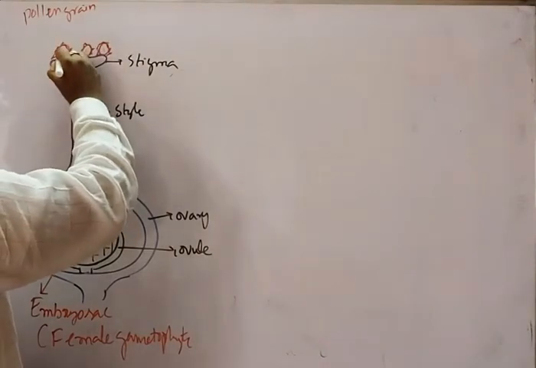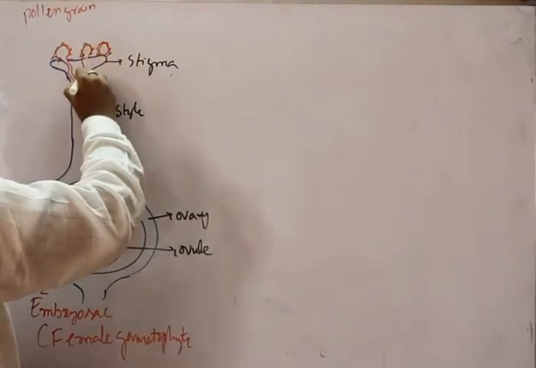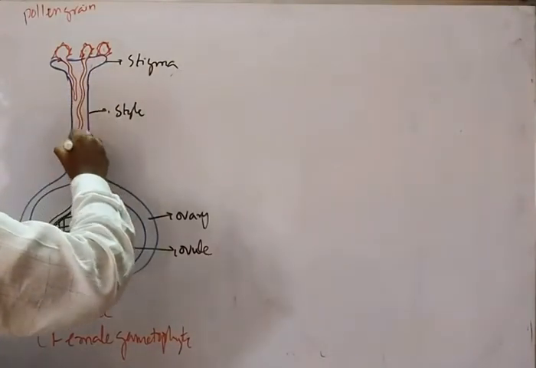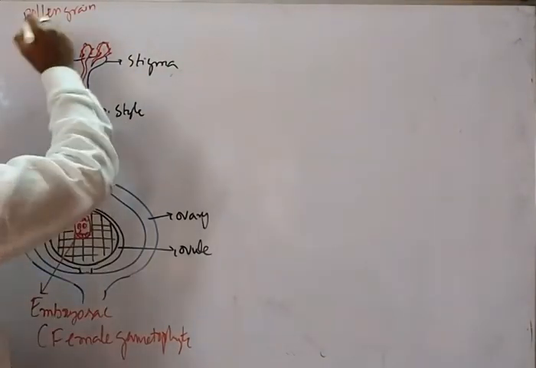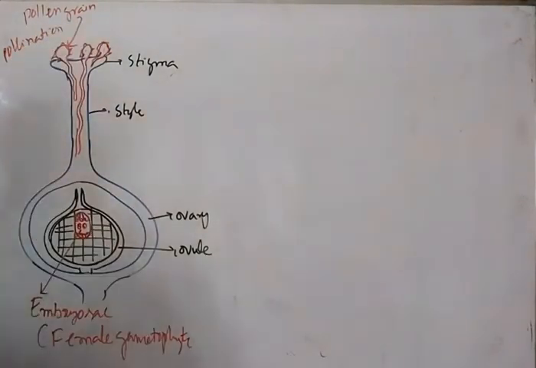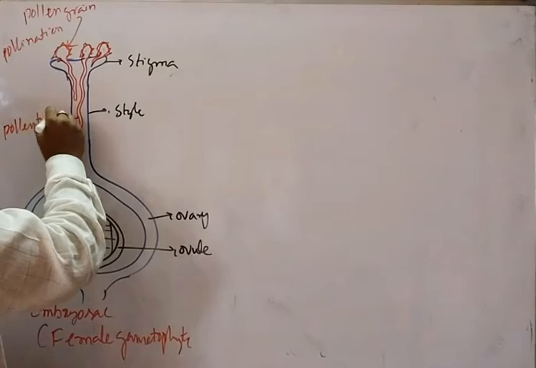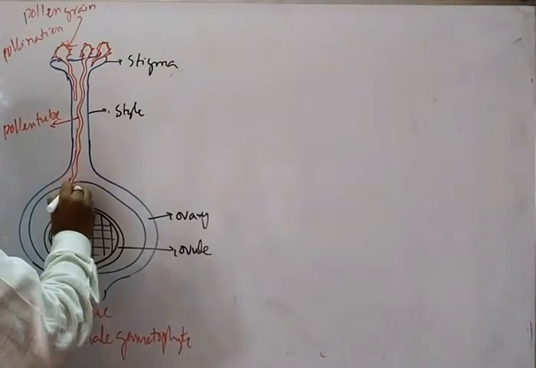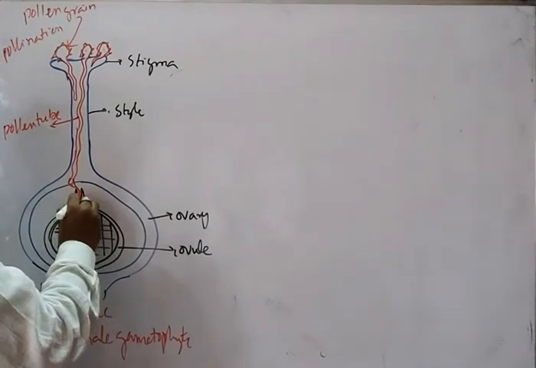These pollen grains germinate and form a pollen tube. The pollen tube passes through the style. The pollen grain reaches the stigma through pollination. Now with the help of this pollen tube, it passes through the stigma and style and then enters into the ovule and then into any one of the synergids.